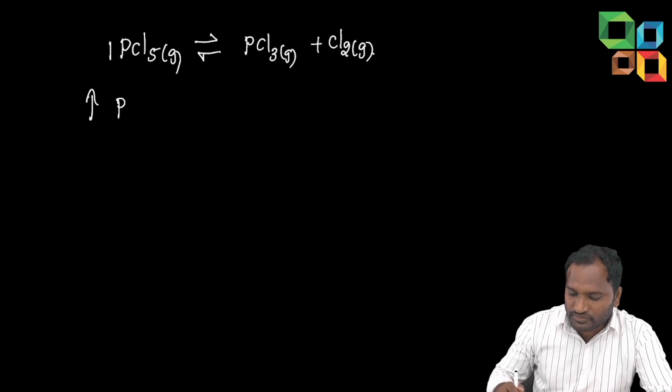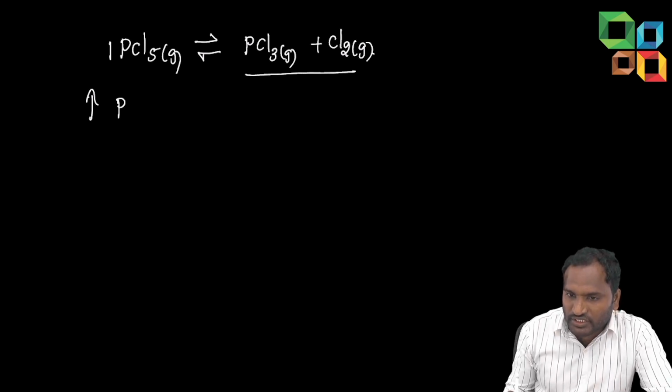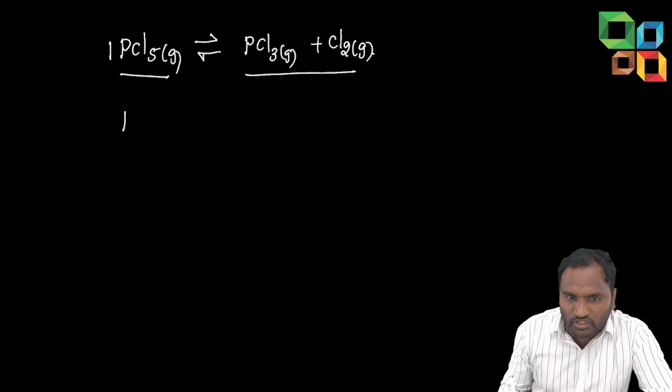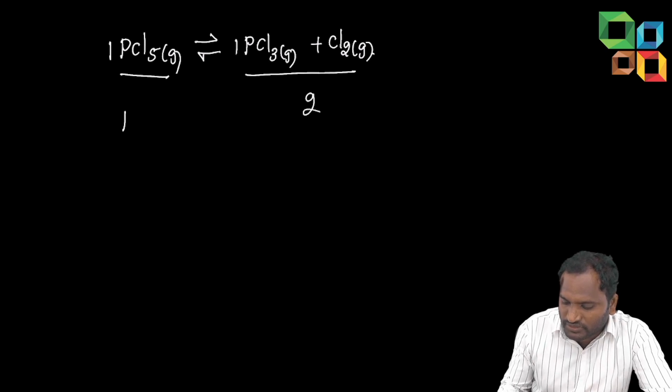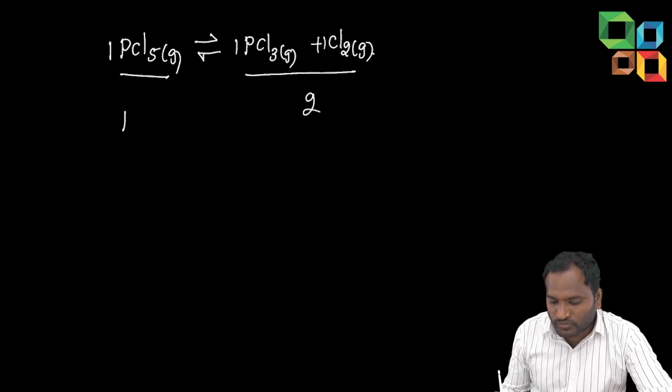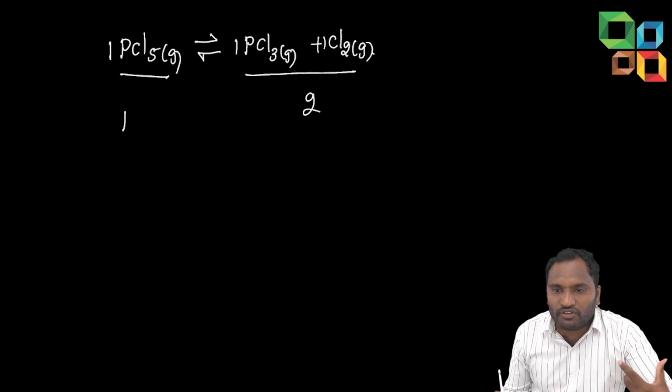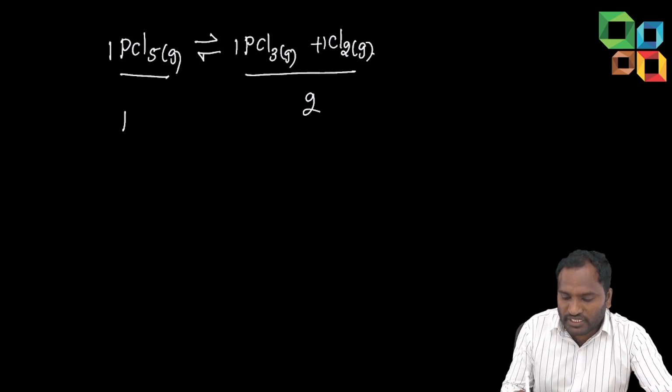Here, see students, these are the reactants, these are the products, right-hand side. Reactant side how many moles are there? Only 1 mole. Product side, how many moles are there? 2 moles. This one is gas. If I increase the pressure, PCl5 side it shifts. Less number of moles side.